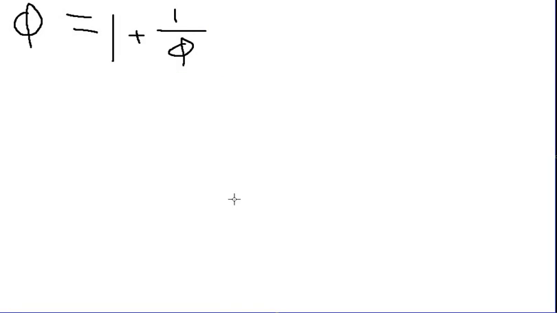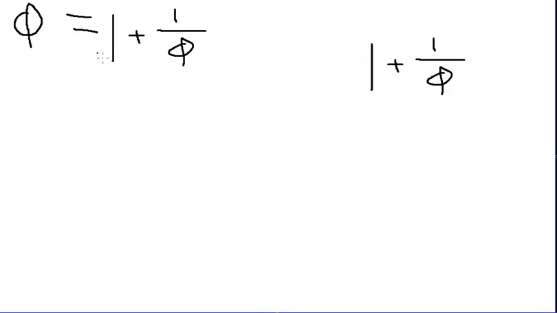So phi equals 1 plus 1 over phi. And what we're going to do here to get the continued fraction is a series of substitutions. This seems kind of weird, but here's how the substitutions work. Phi is equal to 1 plus 1 over phi. Let me copy and paste this so I can show you the idea.